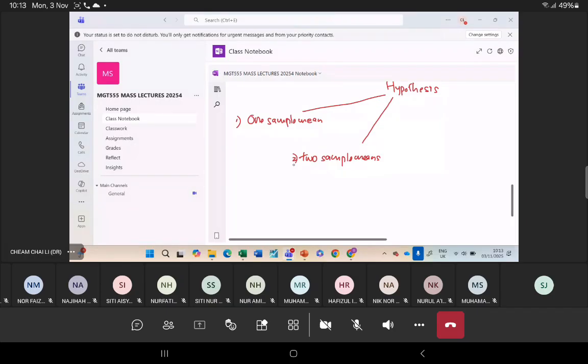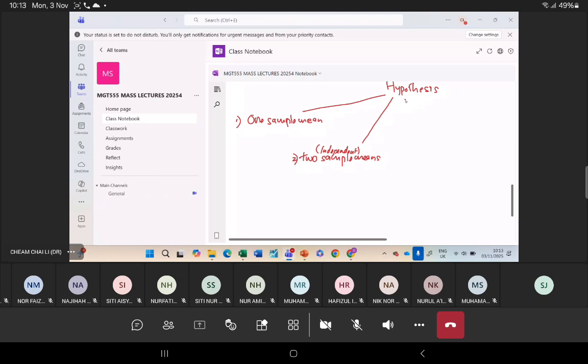However, if you have two groups and you want to compare the mean, kita kena ambil hypothesis yang kedua, okay? And this is also called two independent samples, right? Independent maksudnya dua-dua grup tu adalah saling tidak berkaitan, okay?